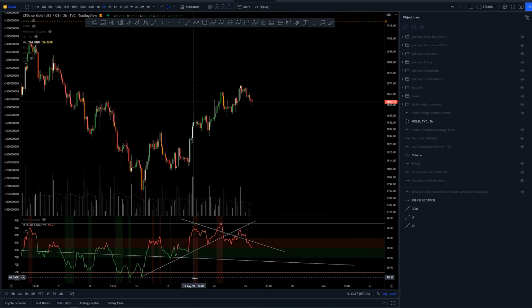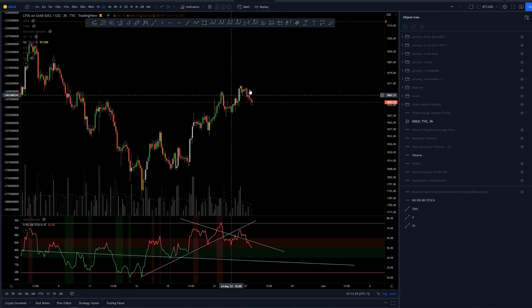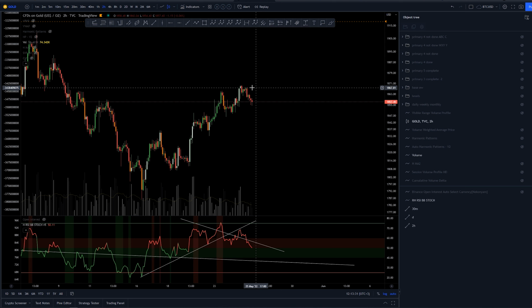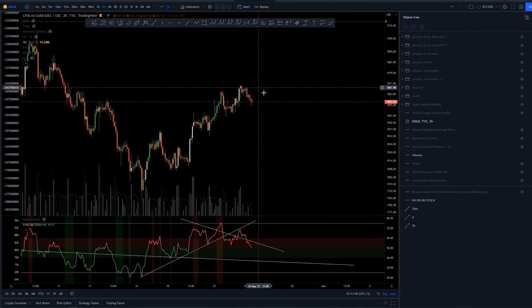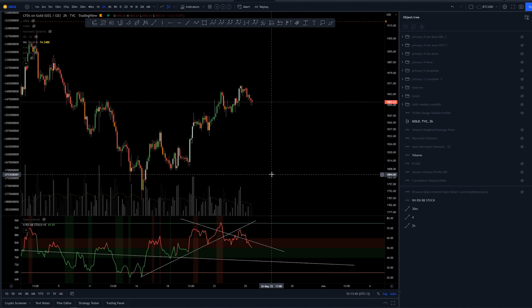We did get a few divergences here on a smaller time frame. We'll look into those in just a moment. But again, a broken trend line here on RSI gives us signs that this will, at least for a bit, come down.